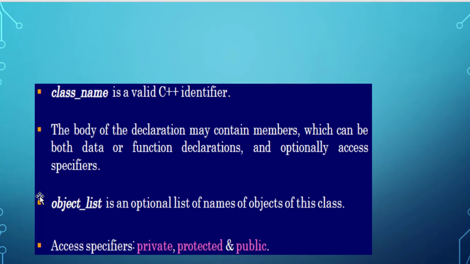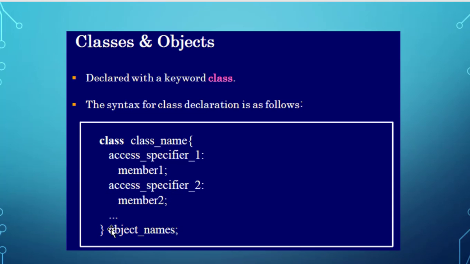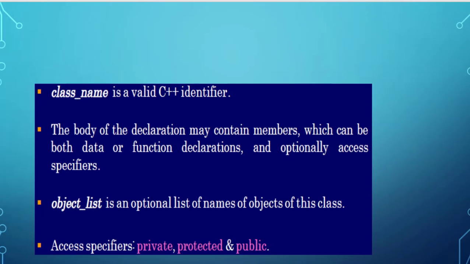So the object list, as you see in this syntax, these object names or object list, it is an optional list of names of objects of this class. Now what about access specifiers? So these access specifiers means private, protected, or public, as we are going to talk about them later. We'll see how to set members of the class to be private, or to be protected, or to be public.